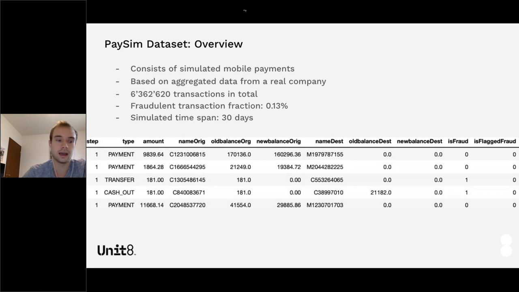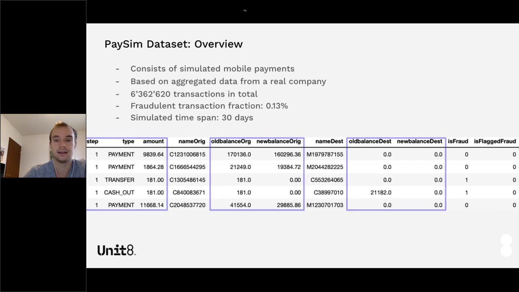Here's a small excerpt of the data set, just the first 5 entries. These entries are the ones we're actually going to use as inputs to our model. We can go over them very briefly, although the names should be mostly self-explanatory. The step field is basically the hours elapsed since the start of the simulation, so it's a kind of timestamp.